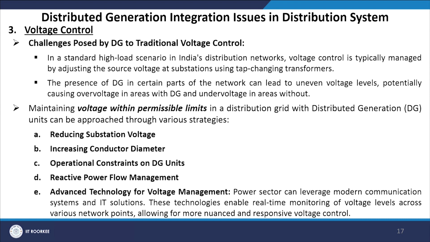So in a distribution grid with distributed generation, this can be approached through various strategies, that is reducing substation voltages. For example, if you foresee that at a distance there are a couple of DGs available that may increase your voltage, then probably you can reduce the substation voltage itself.